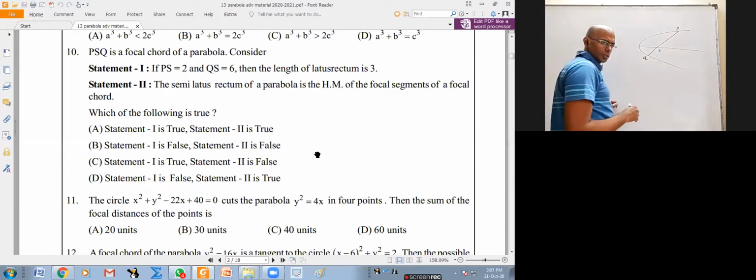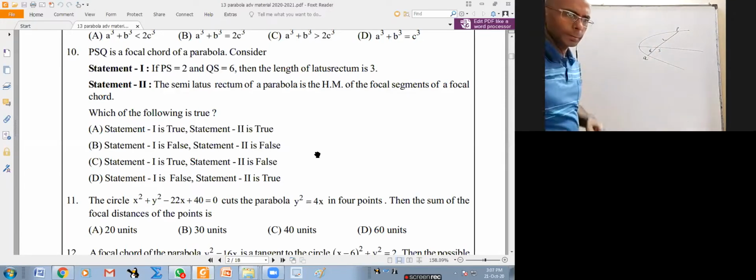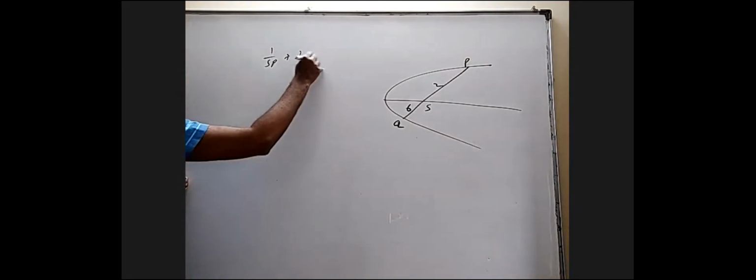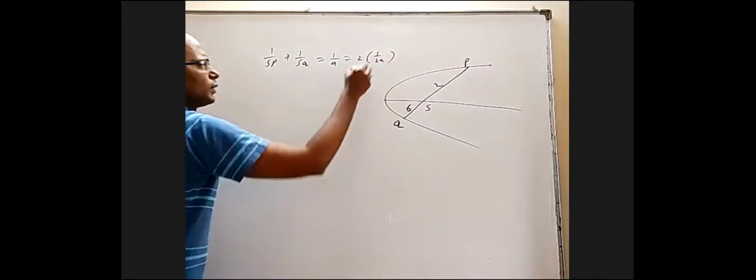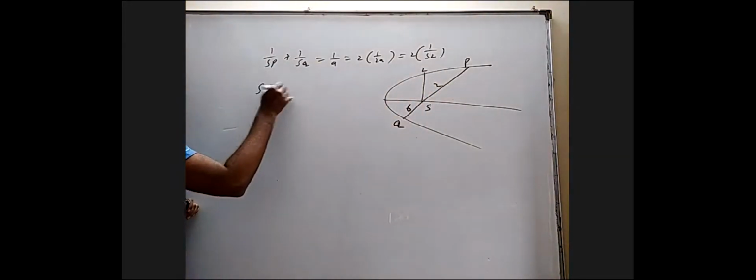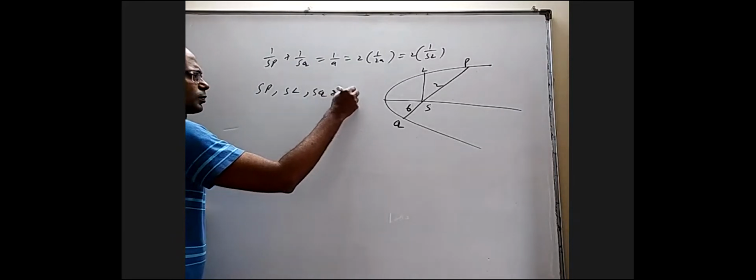In this particular case, SP is 2 and SQ is 6. We know 1 by SP plus 1 by SQ is equal to 1 by a, which is 2 times 1 by 2, which is actually the semi-latus rectum. So that is SP, SL, SQ are in harmonic progression.